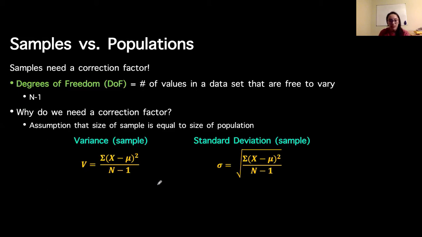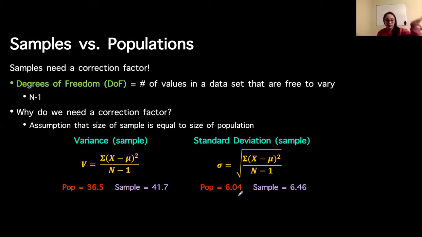Okay, so I'll show you the comparisons, right? 36.5 and 6.04 were the variance and standard deviation values that we got from the previous slides, assuming that we were working with population data, which we know isn't true, but use your imagination, okay?